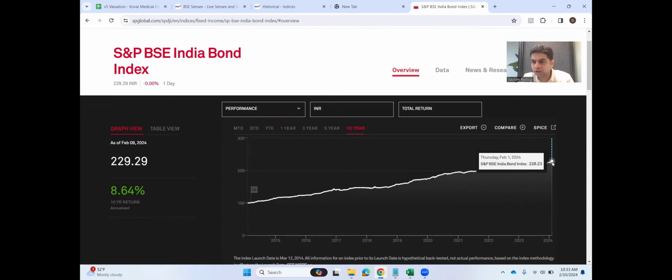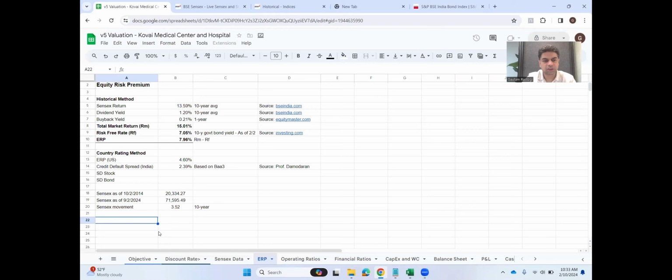Pull the latest index price, which as of 9th Feb is 229.29. So the bond index as of 9/2/2024 is 229.29.